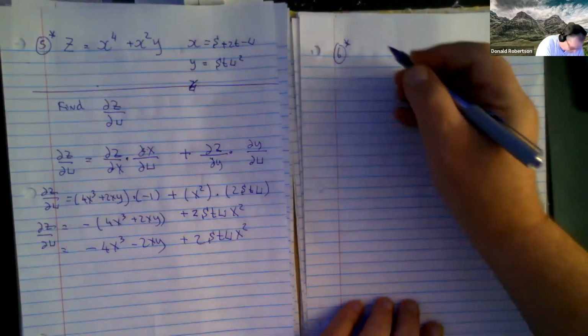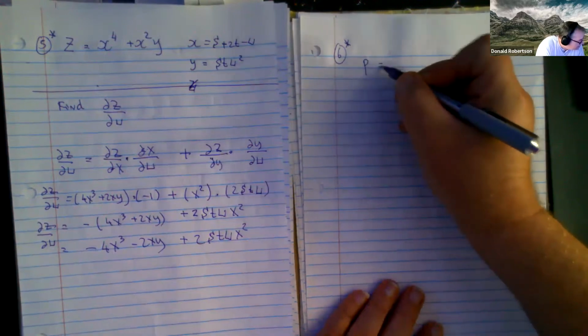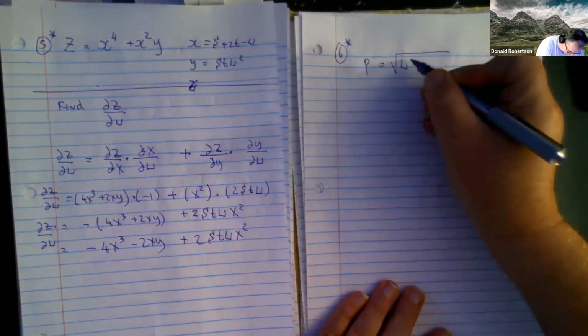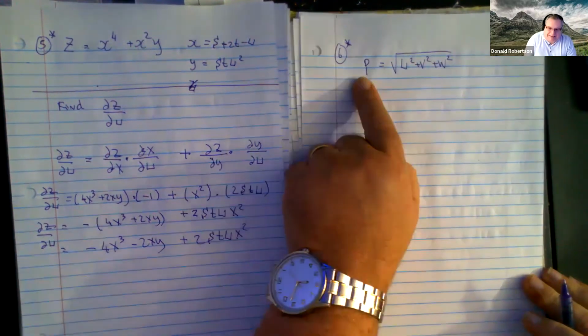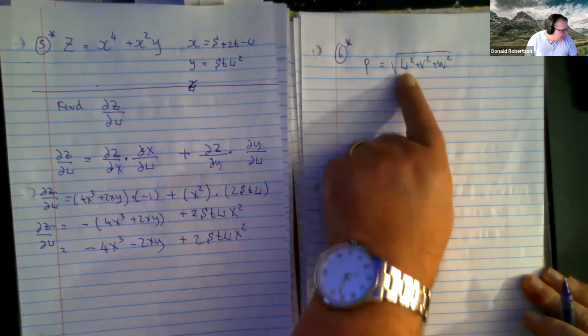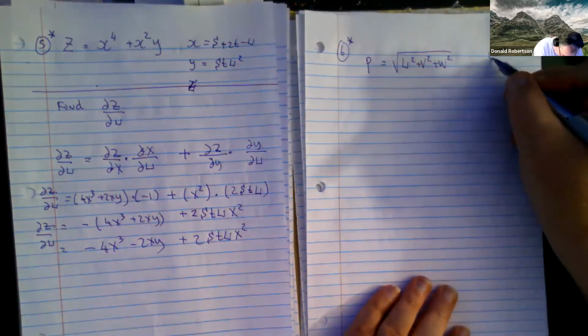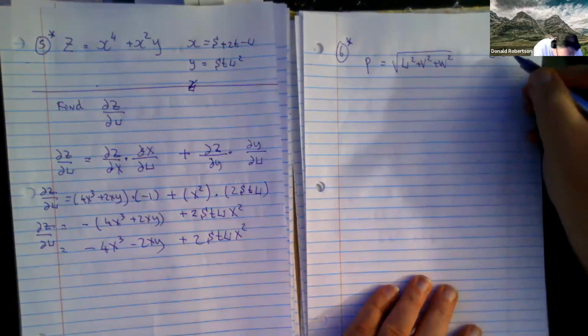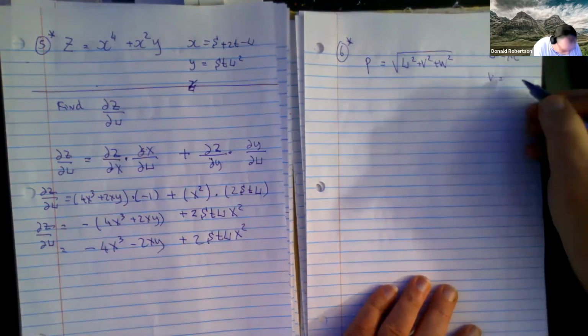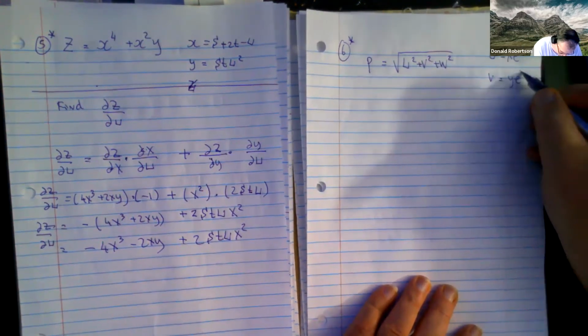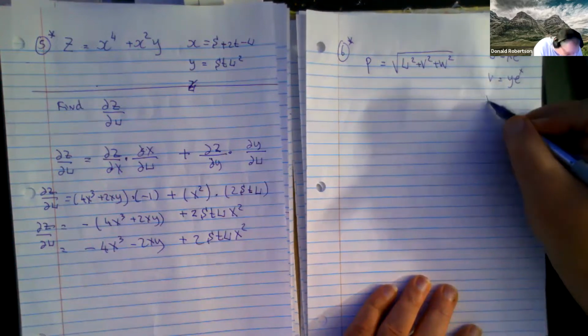Question 6. There's a variable P, and it's a function of U, V, and W. And you just got to live with the fact that U, V, and W are themselves functions of X's and Y's.